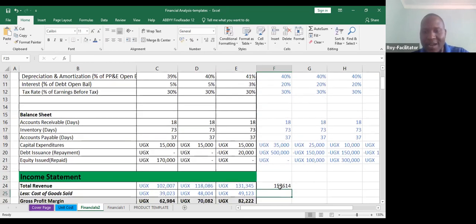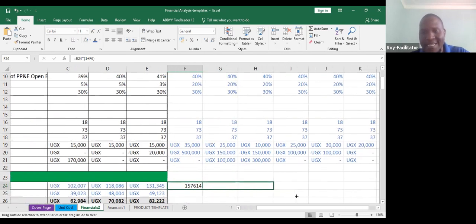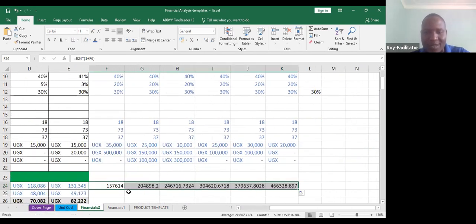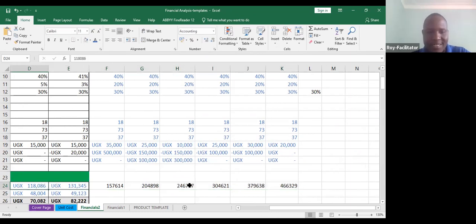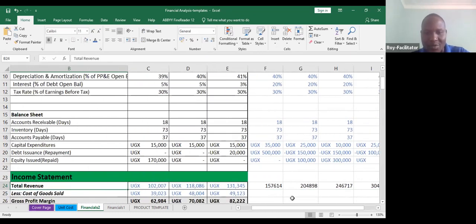That means I'll generate 157K. With the same formula, I'll just extend the formula. I'm going to reduce the decimal points to 0, and I'll add the UGX later because it looks like I need to perform most of them.